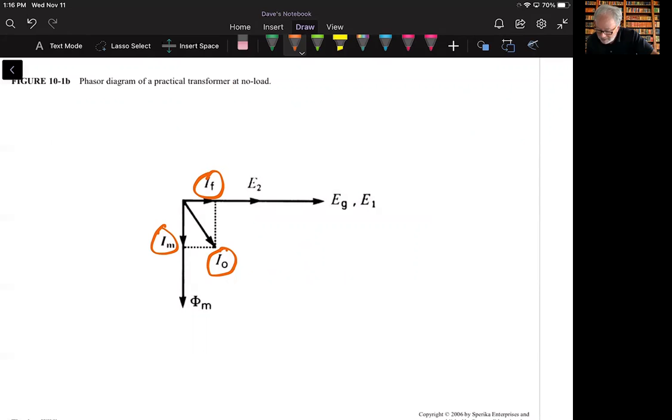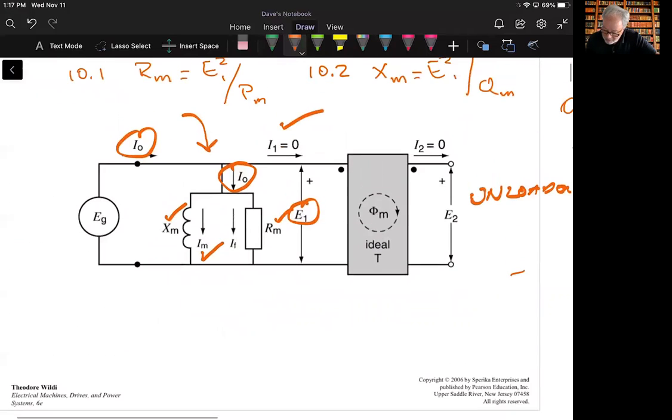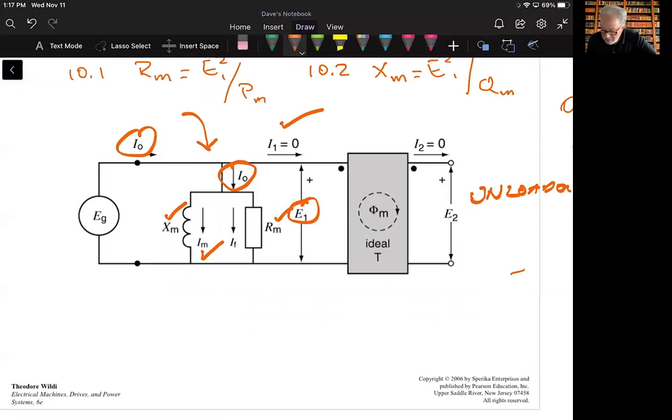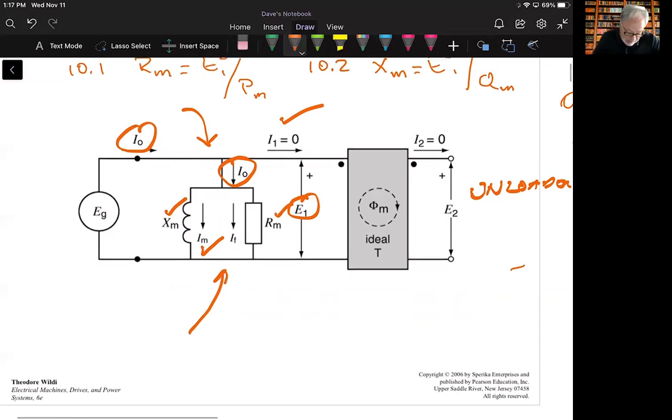The magnetizing current is 90 degrees out of phase. And here's the magnetizing flux, which is going to model the current. Ultimately, this entire current that we're accounting for here, this I sub O, is the sum of these two currents flowing through here. And of course, that's represented graphically with this slide.